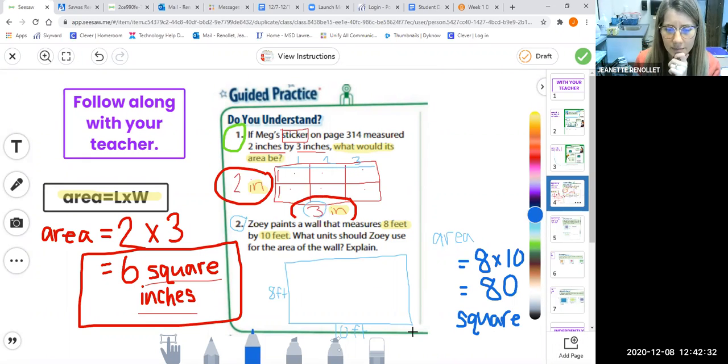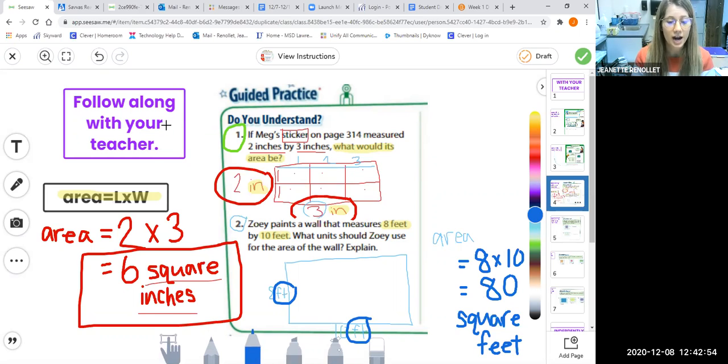I need to go back to my text. Oh, I see her wall was how many feet long? That's what we're measuring by. So 80 square feet is my correct answer. 80 square feet. Awesome job, boys and girls.